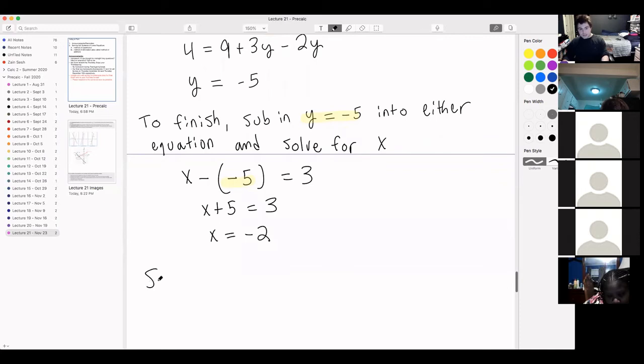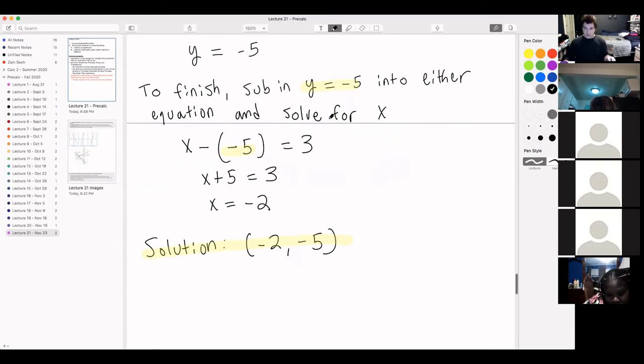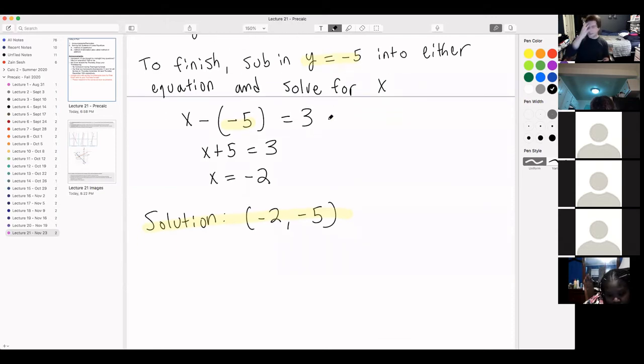So the solution is, so I prefer to write my solution in that coordinate pair notation. So it's negative 2 comma negative 5. So that's very nice. All right, so any questions?